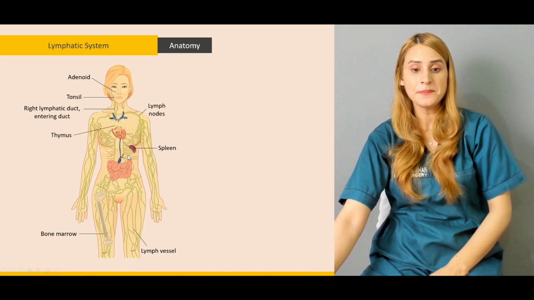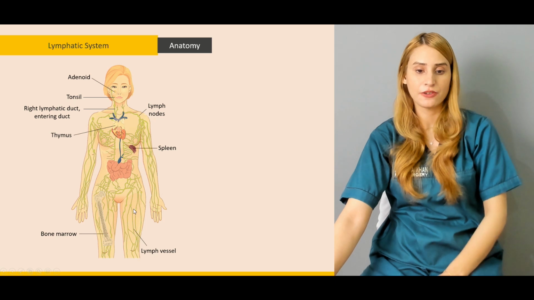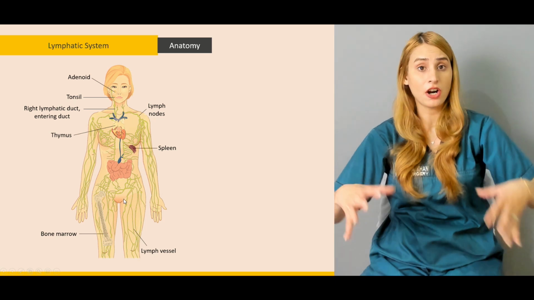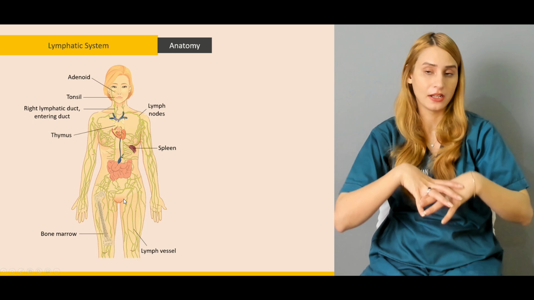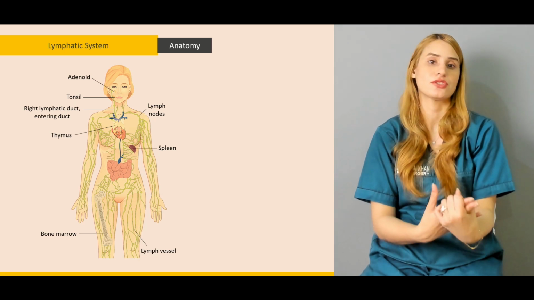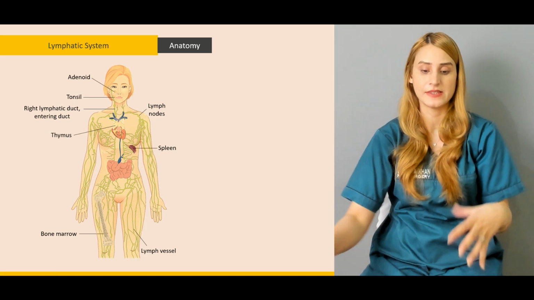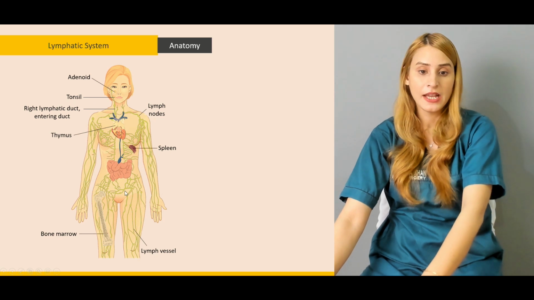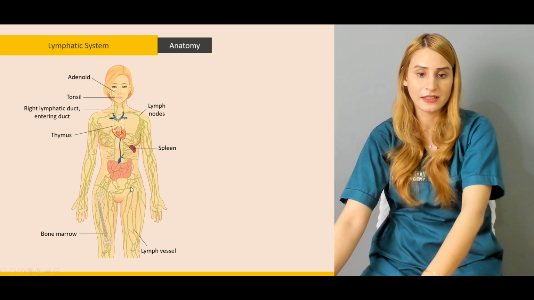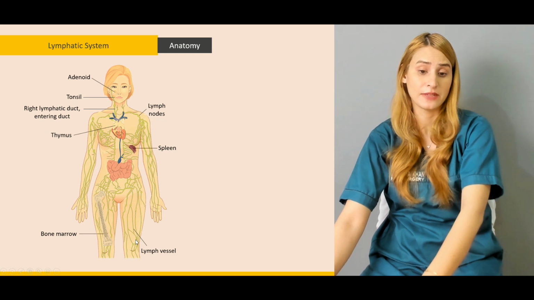If you could appreciate in the diagram, these are the lymph nodes, and they are present along all the important structures and all important organs and viscera in the body. They are connected to one another through the lymph channels.